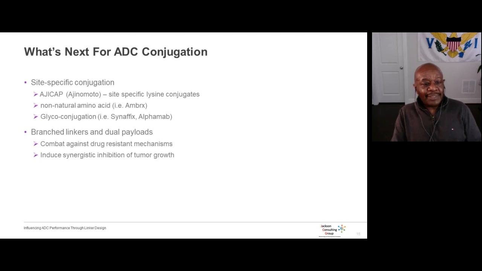And we also have some exciting conjugation technologies coming to the forefront from Synaffix and AlphaMab, because they're using what is called glycoconjugation. So using the carbohydrates on the antibody themselves as points of contact or conjugation for the linker payload. The advantage of Ajinomoto's and Synaffix and AlphaMab's technology is that it doesn't require antibody engineering.